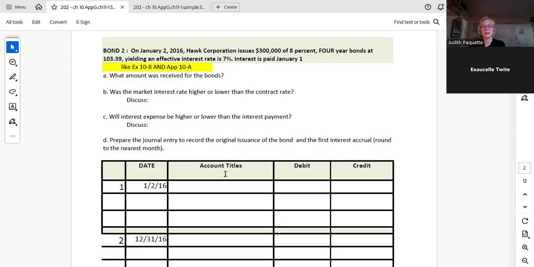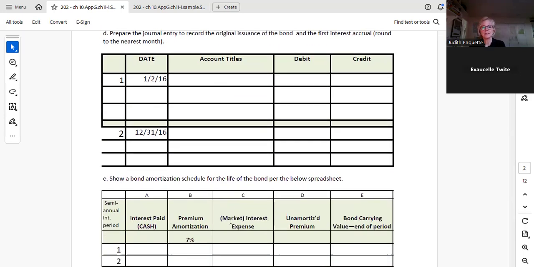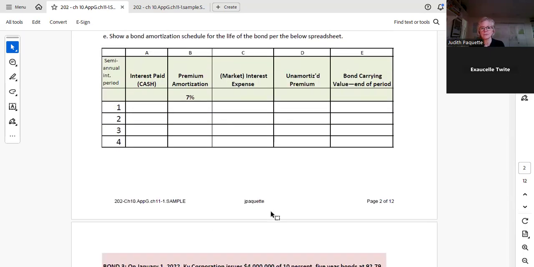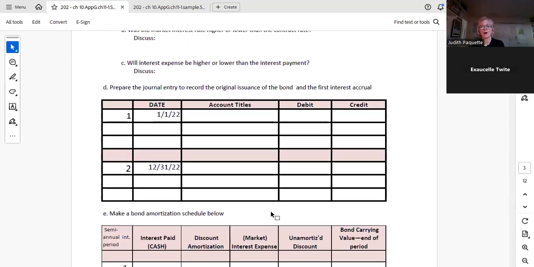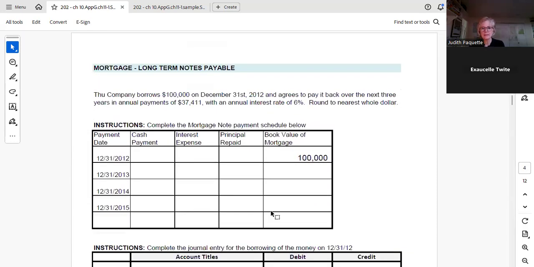Then how do you do the journal entries for the original issuance of the bond? Did it get issued at a discount or premium? And then your first interest payment, and then setting up that bond amortization schedule. So we have a lot on that in the practice exam.